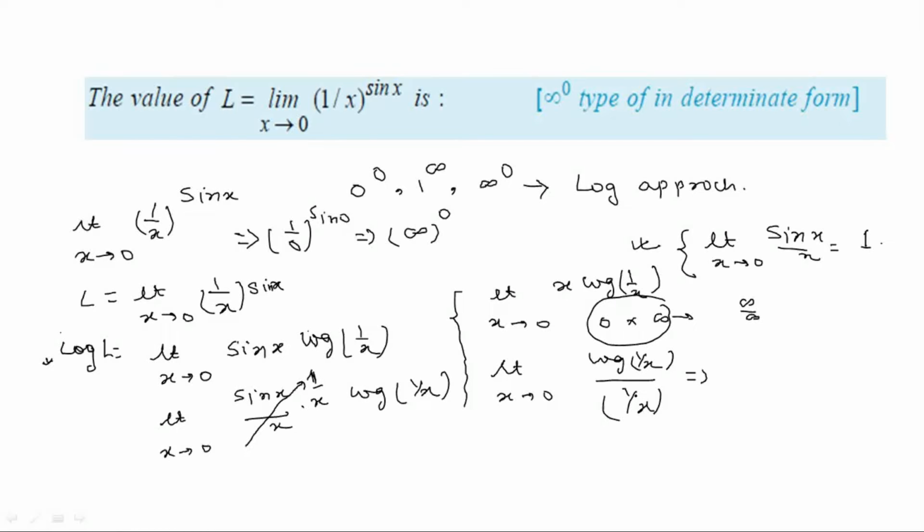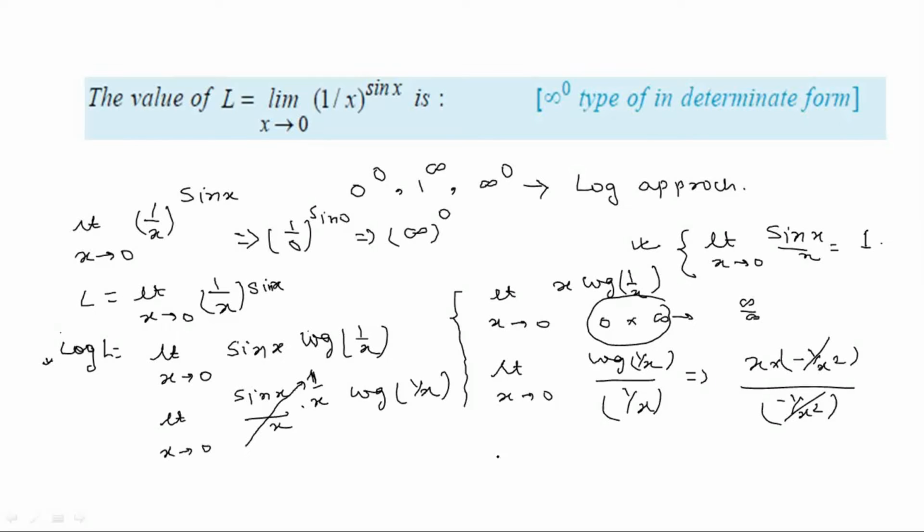So we can use L'Hopital's rule: differentiate numerator and denominator separately. The differentiation of log 1 by x is x, and again the differentiation of this is minus 1 by x square. Now again the differentiation of 1 by x is minus 1 by x square.